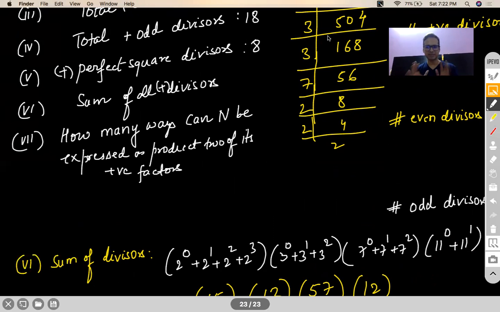Total number of factors is 72. Correct. I'm asking you, in how many ways can you write 38,808 as product of two of its factors?